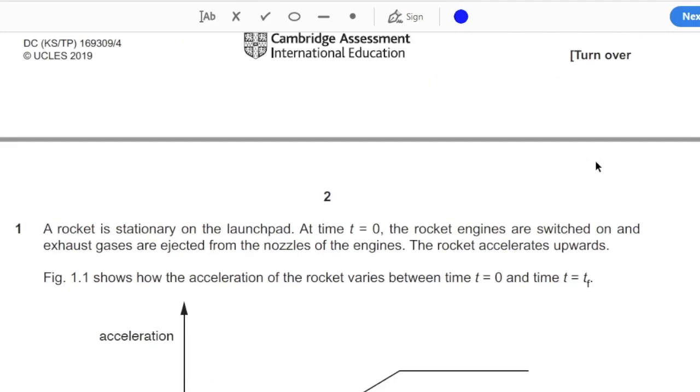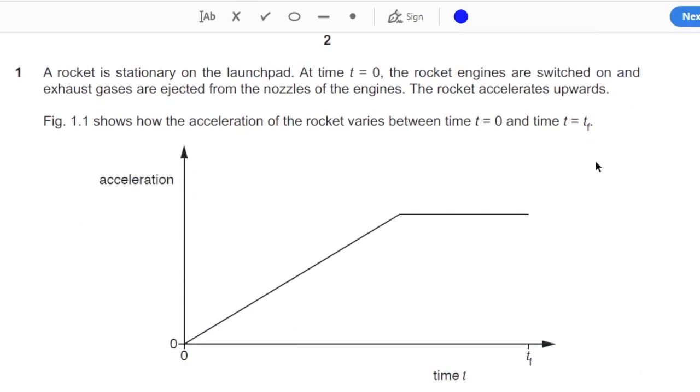Now, in the first part, it says a rocket is stationary on the launch pad at time t equals 0. The rocket engines are switched on and exhaust gases are ejected from the nozzles of the engines. The rocket accelerates upwards. Okay, so first it undergoes acceleration for some time, and then you see over here until this second the rocket clearly accelerates.